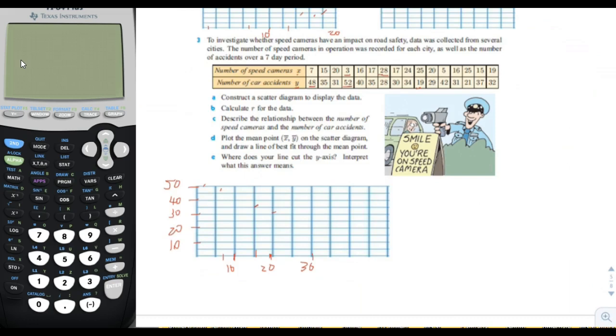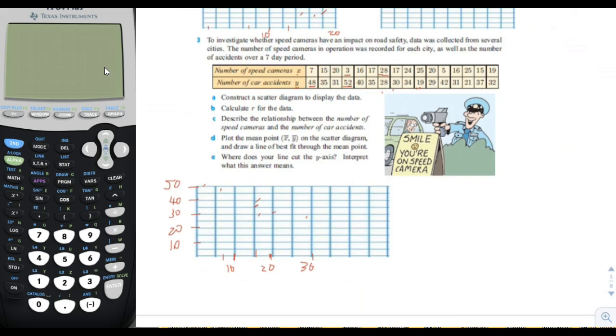I missed that one. 16, 40 here. 17, 35 here. 28, 28 there. 17, 30.